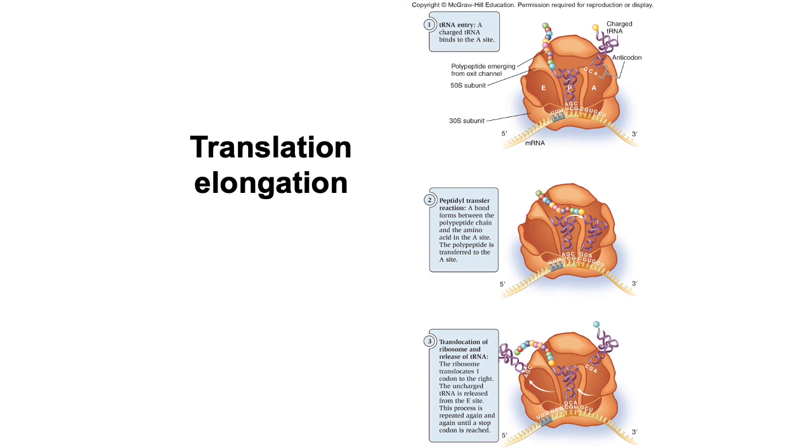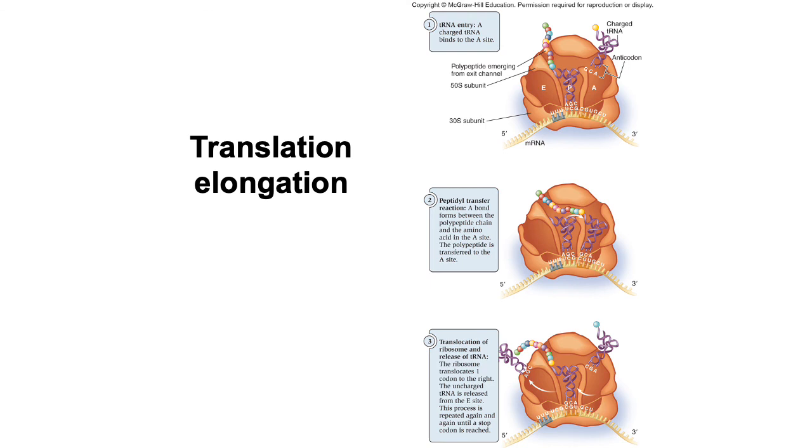And with that, the tRNA that just attached its amino acid leaves through the E site. The whole thing shifts down, moving the tRNA that was in the A site to the P site, and again now opening the A site for the next tRNA to come in.